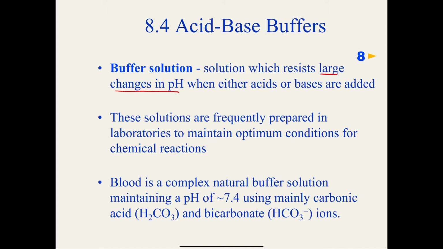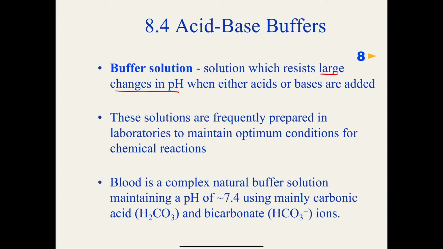Let's say it had to be run at a pH of, let's say, 6. So you would run the reaction in a buffer solution that would maintain that pH near 6. Again, you might get a slight change in pH that deviates from a pH of 6, but the buffer solution would resist large deviations from that pH.